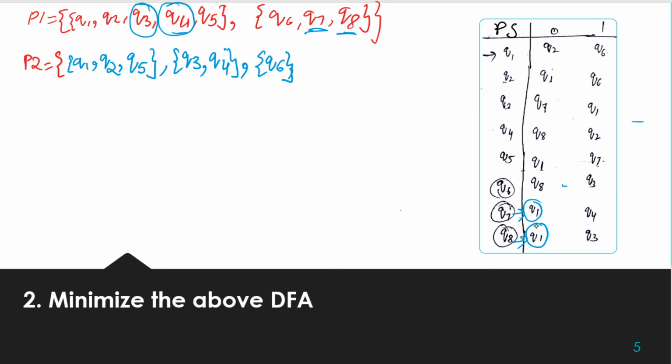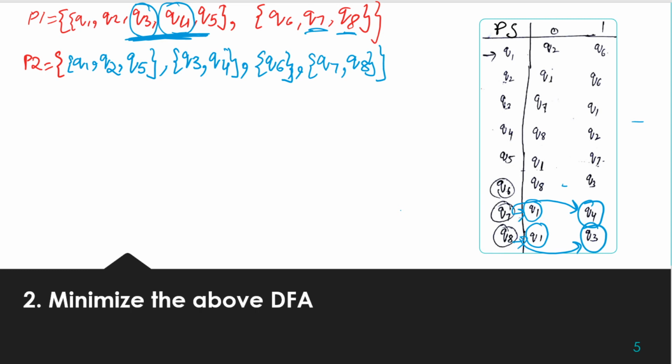As we are getting Q1 from both, we can say that Q7 and Q8 are compatible for input symbol 0. Now let's check the other input symbol, where we are getting one state as Q4 and another state as Q3. Q4 and Q3 are also part of the same group in the previous partition P1. So yes, Q7 and Q8 are compatible for both input symbols and can be grouped together into the same group.